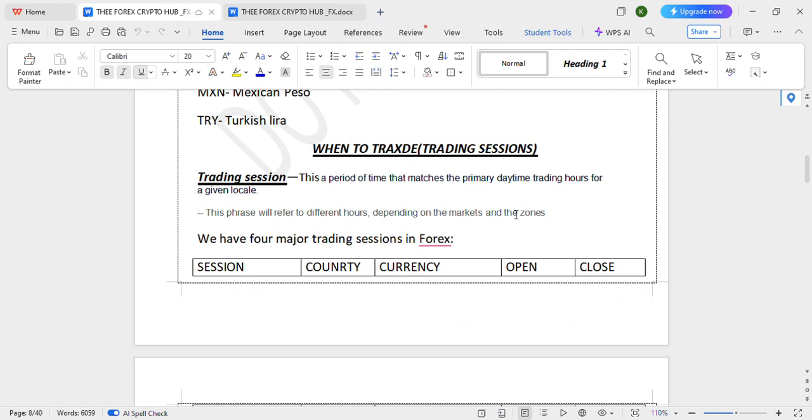So if we were to trade based on our country, we will say this is the time we are supposed to be trading, when the banks are open, because when the banks are open, there is a good cash flow. You can do any activity related to banks. But take an example, when we have the bank holidays and other nation holidays where the banks are closed, the activities you can do are very limited.